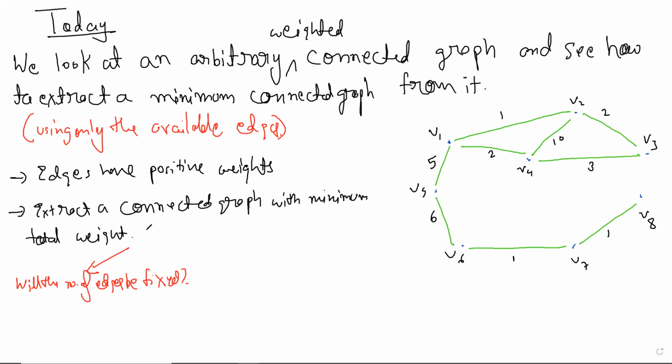If there were no weights, or the weights were all 1, then obviously the minimum was always n minus 1. But now that there are weights, can we say that the minimum connected graph will still have n minus 1 edges?